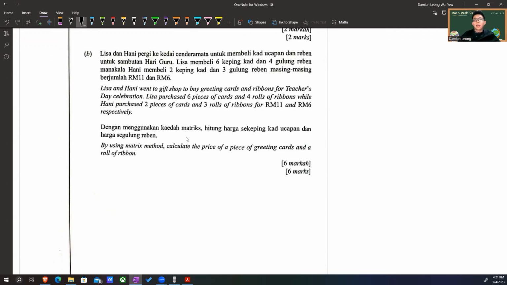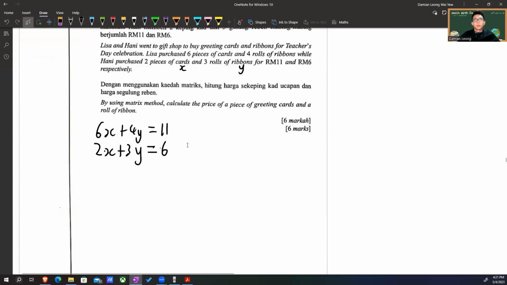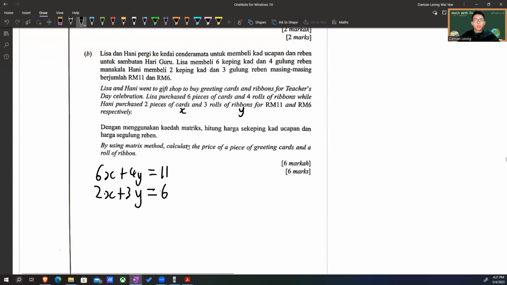So let's say X for cards, Y for ribbons. Means 6X plus 4Y is 11 ringgit. 2 cards plus 3 ribbons, 2X plus 3Y, 6 ringgit. Okay. So using the matrix method, I need to form the matrix 6, 4, 2, 3 times XY equals 11, 6.